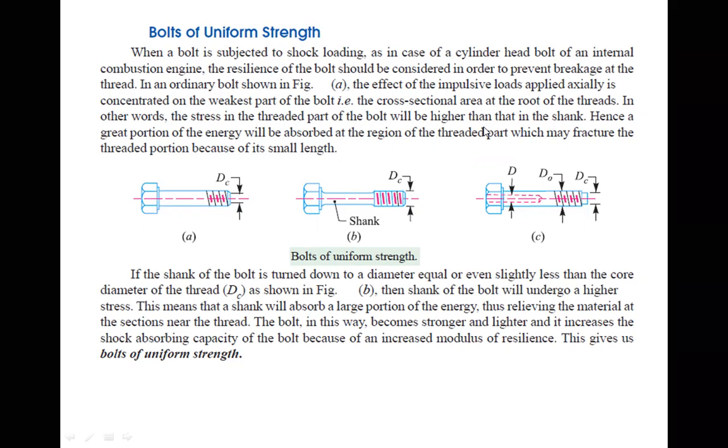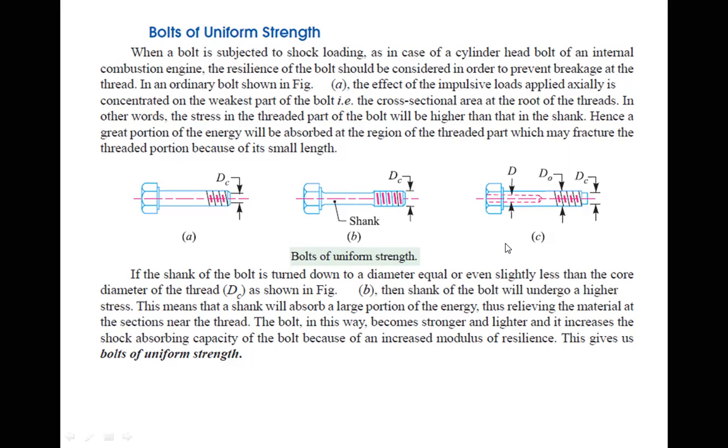So if a bolt of uniform strength is asked in our exam, it is expected that you write about the stress concentration in the bolt by drawing the first figure A, and after that you must draw these two figures as a solution for how to reduce the stress concentration when the bolt is subjected to large forces, variable forces, or impact forces.